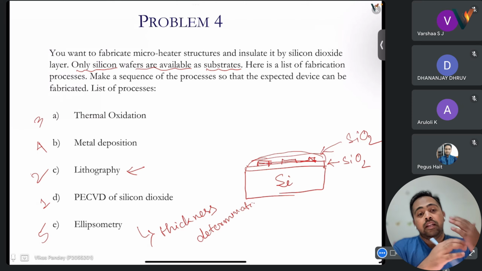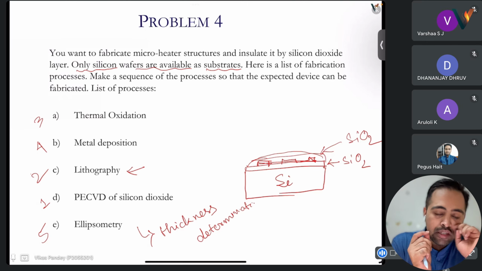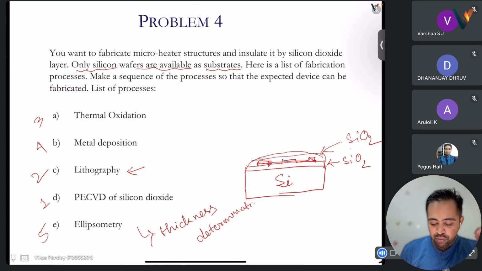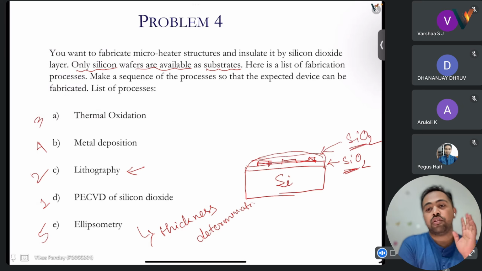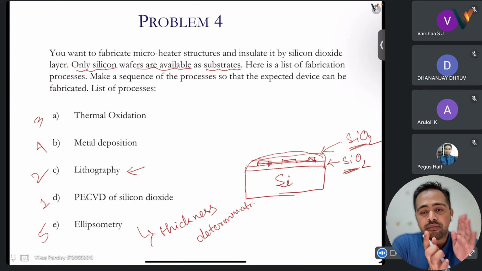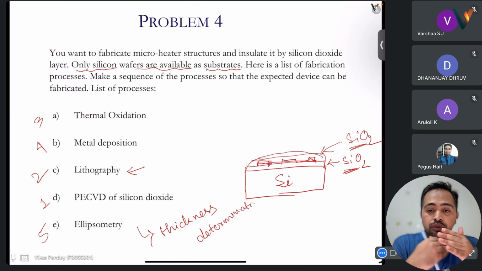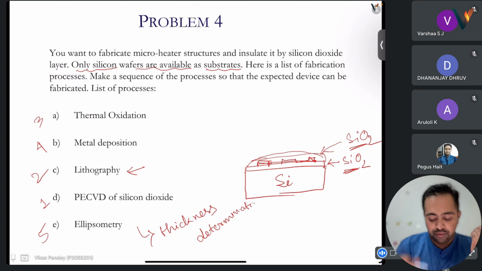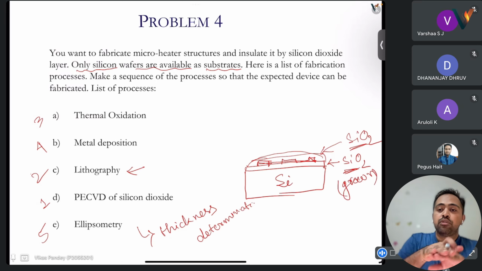Okay. Let's understand the difference between this upper SiO2 and the lower SiO2. Both of them are silicon dioxide. The first one is grown from the surface. When we are talking, we are saying it is grown, and the other one is deposited over.